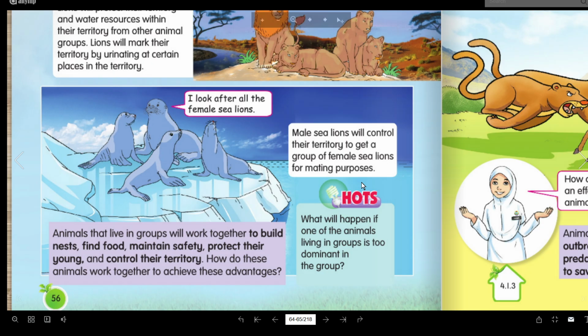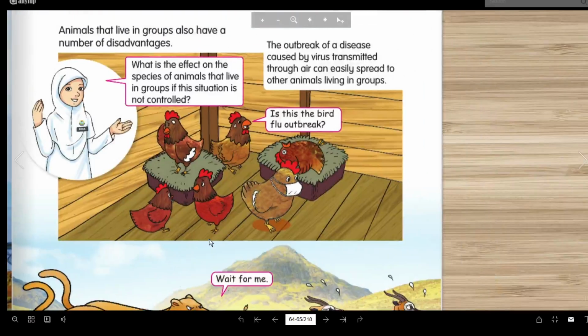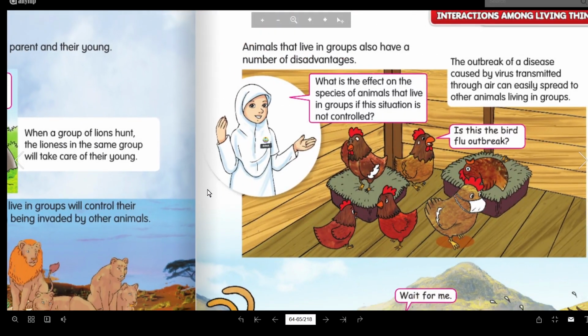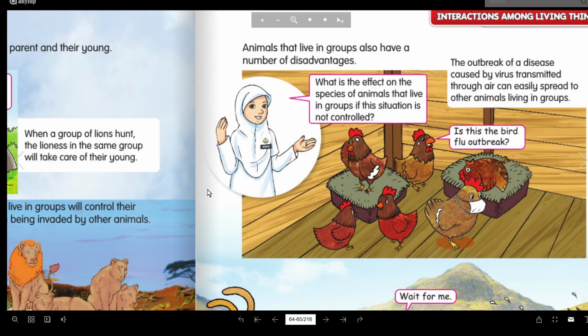Yeah, protect their young ones, right? And what else? To control their territory, right? Their space. Okay. So this is what we have seen, advantages, right? All these are advantages, right?